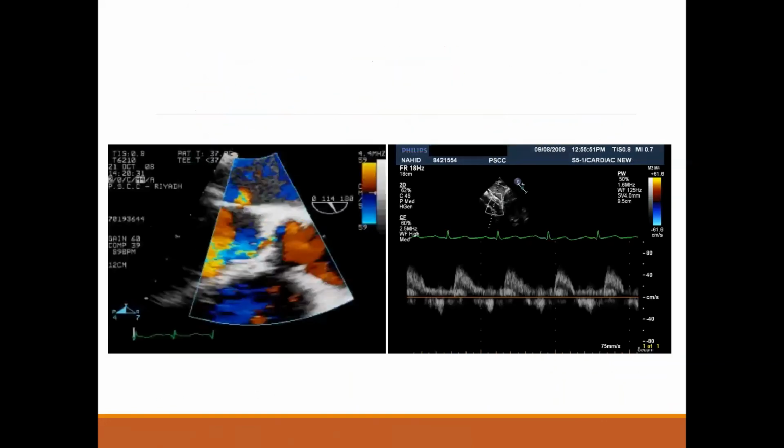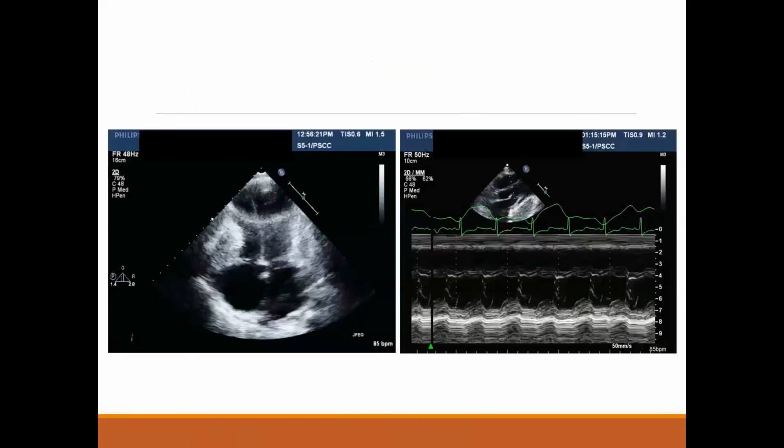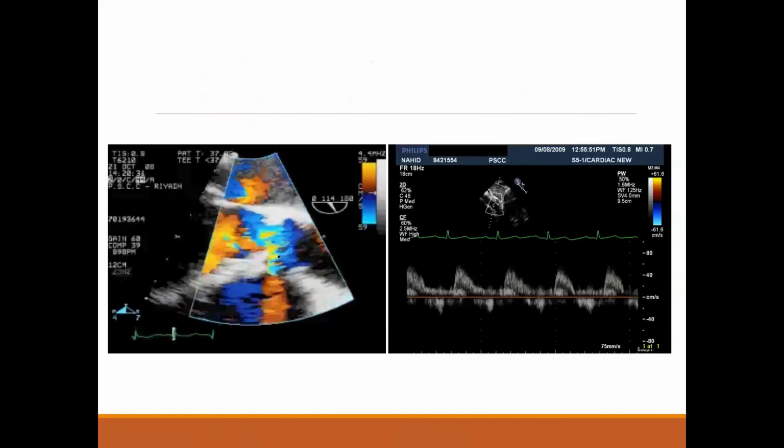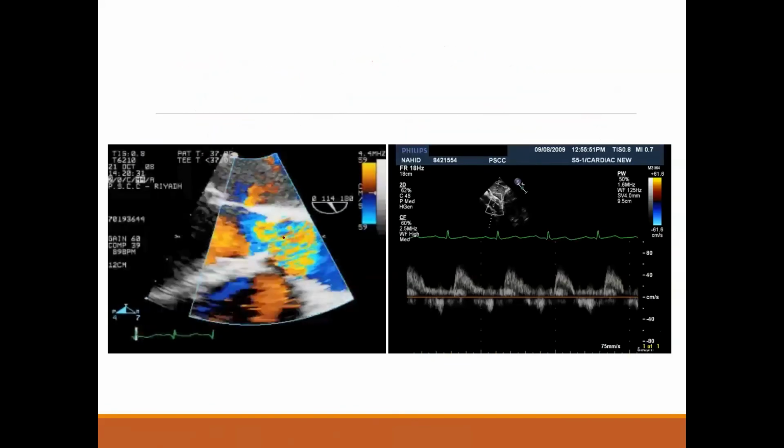Mixed disease, exactly. Here is systolic flow acceleration, suggestive of aortic stenosis, and we have a diastolic backward flow, which is AR.